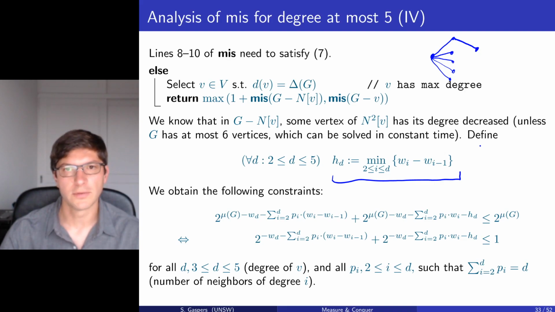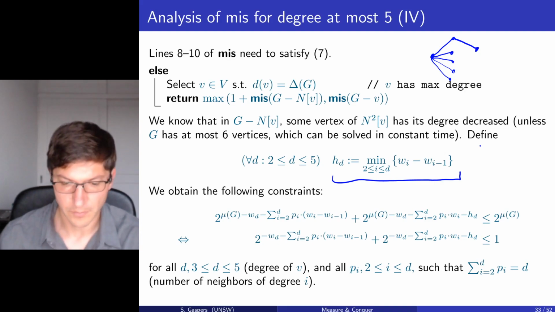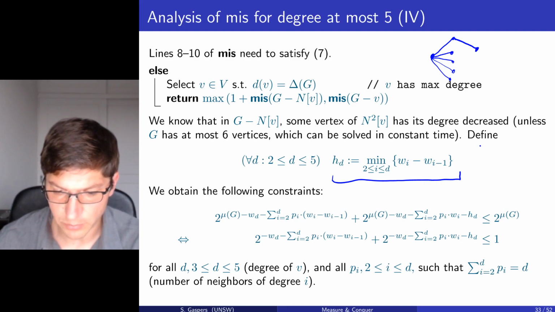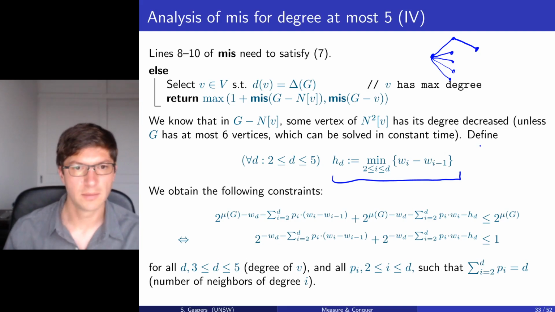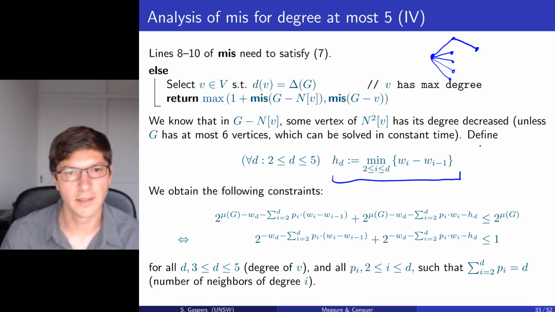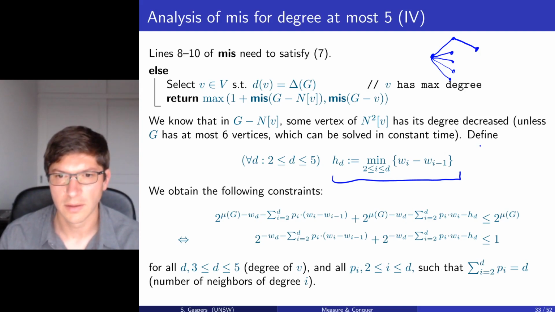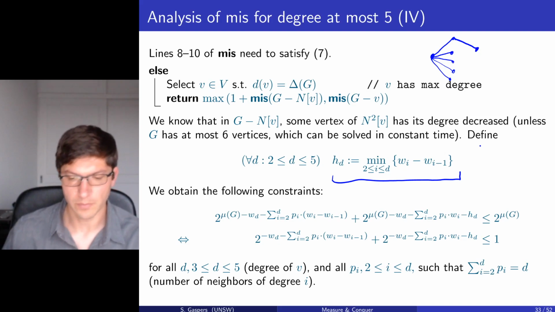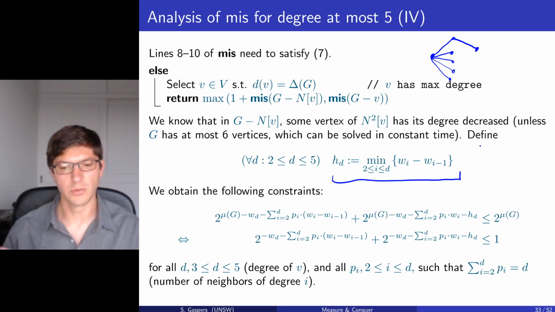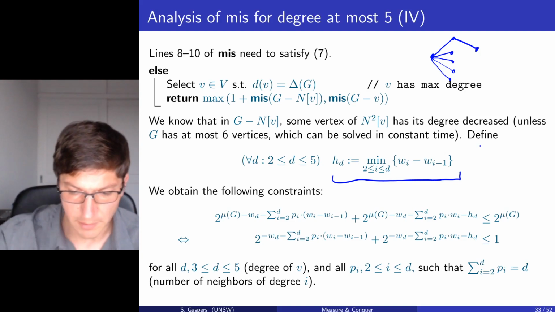For all the other vertices, what happens? First we have the branch where the vertex gets removed and the degrees of the neighbors decrease. So what happens to the measure?